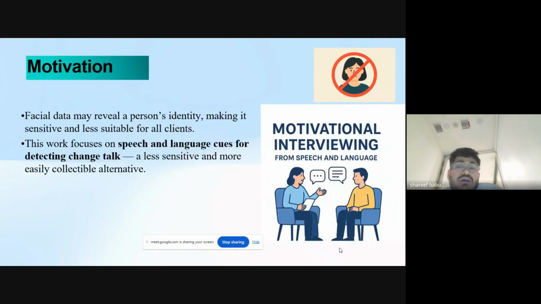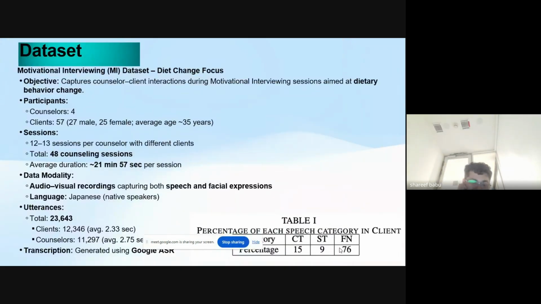It is a less sensitive and more easily collectible alternative for this work. As I just mentioned, this is part of a Japanese dataset.